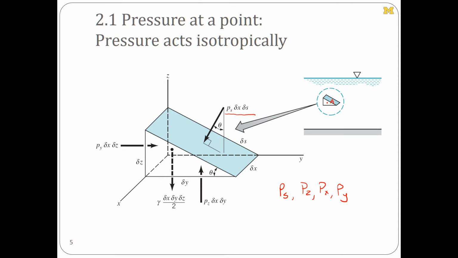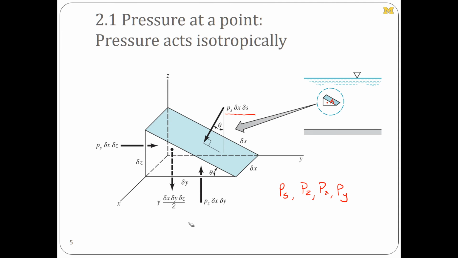If it's a ferrofluid, for example, a magnetic field will pull surface elements in some direction or another. Note that the body force in this case is equal to gamma, which we remember is the specific weight, rho g, times delta x, delta y, delta z over 2, which is equal to m times g. That is simply the weight of the fluid volume.